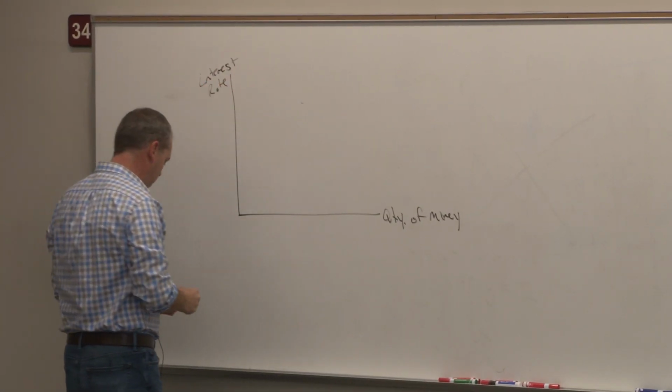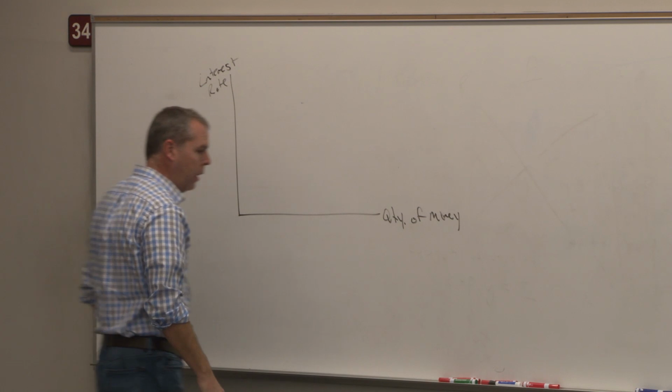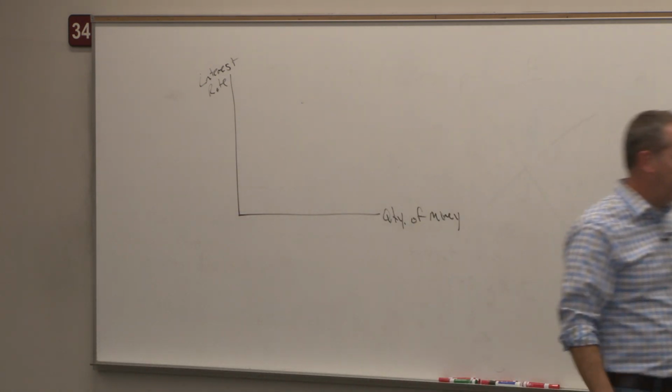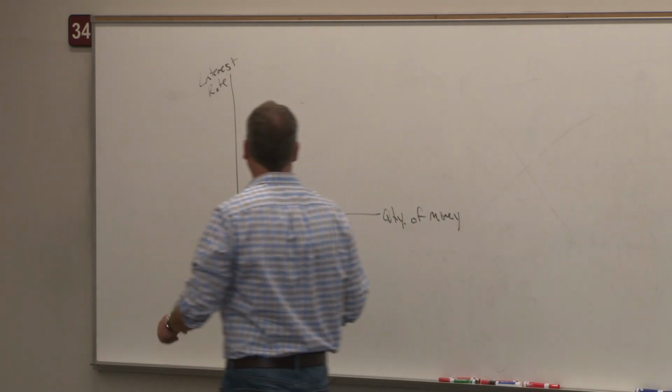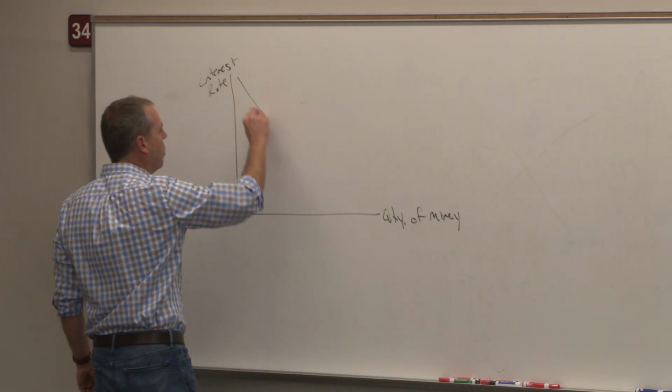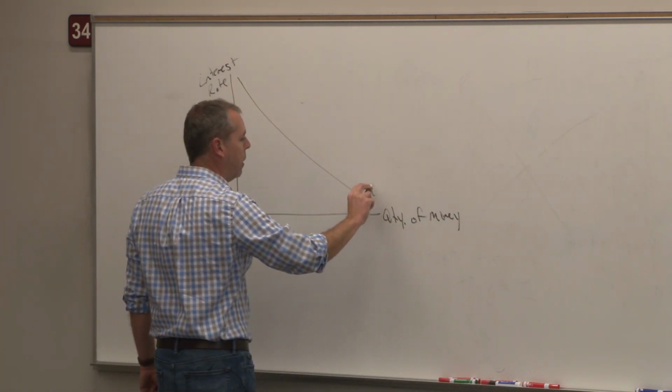So we have our interest rate here, and we've got our quantity of money. We have some money demand function here. And let's think about what we mean by this when we're talking about the demand for money.